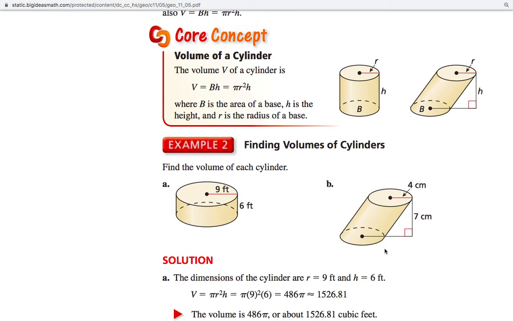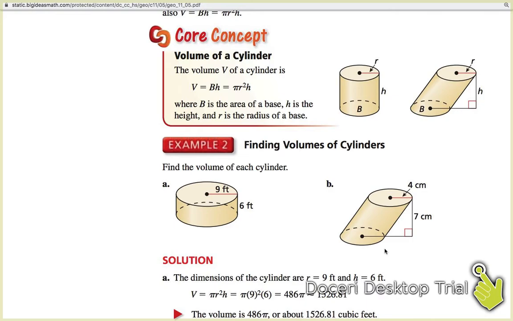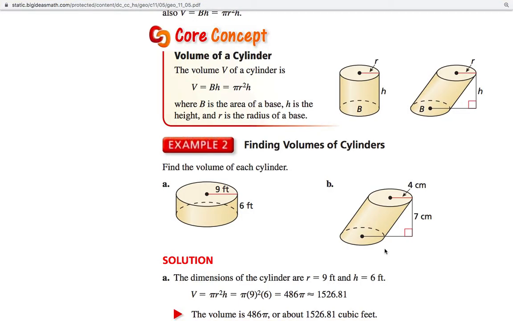Cylinder is the same exact thing. You see it's the same exact formula, same exact equation. Volume equals base area times height. The difference is we can get a little more specific because we know that the base is a circle in a cylinder. We can not just say base area, we can say pi r squared, because that makes it a little more specific. It is the same thing, area of the base times the height.